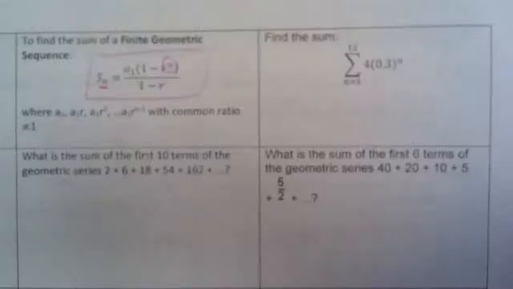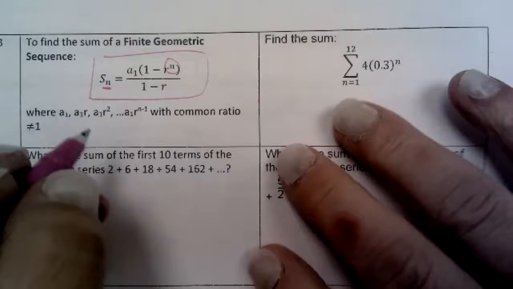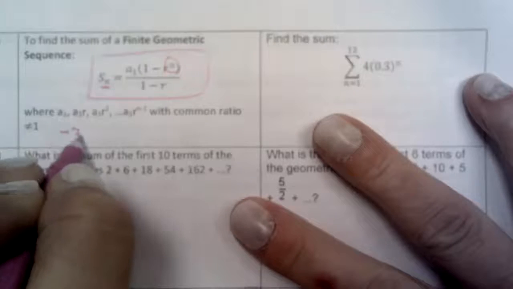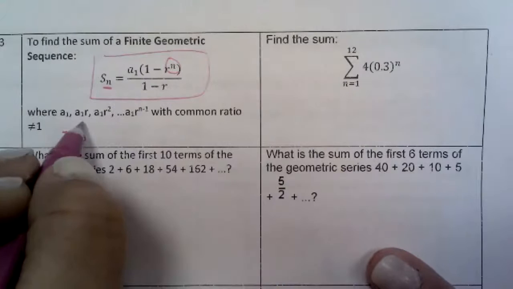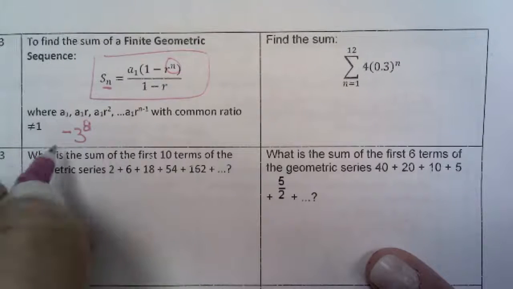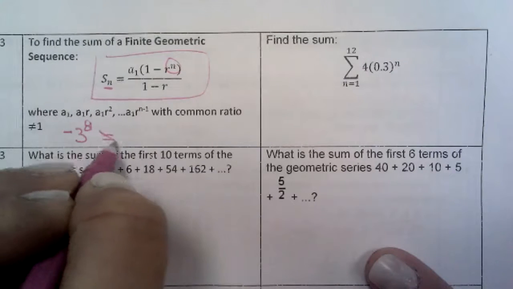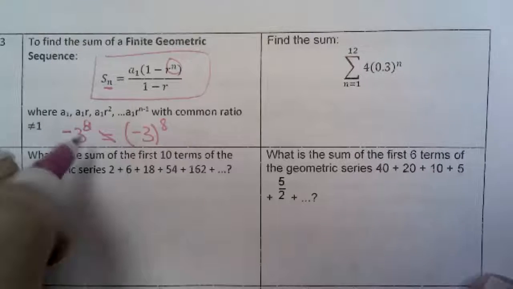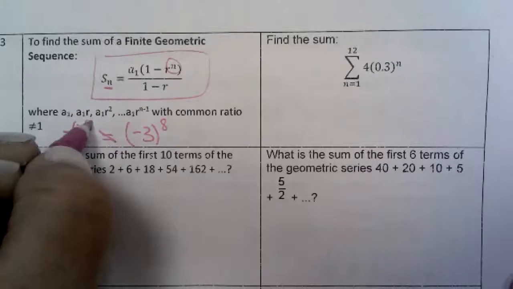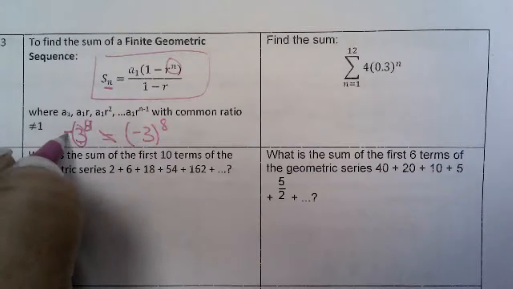You guys need to be very careful when you're putting these in your calculator. A couple of things that I saw today as students were working on this: -3 to the 8th power does not equal (-3) in parentheses to the 8th power. This one right here is taking 3 to the 8th power and then plopping a negative sign on it.